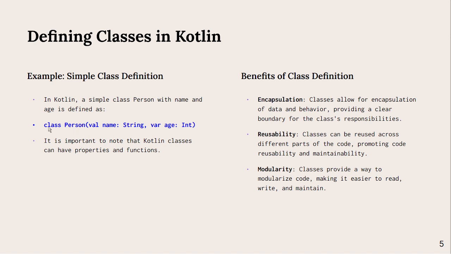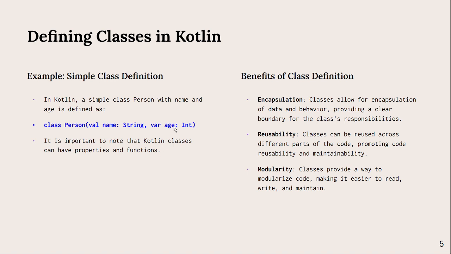So by this line of class definition, the tool generates the class definition called Person with two internal members, name and age.